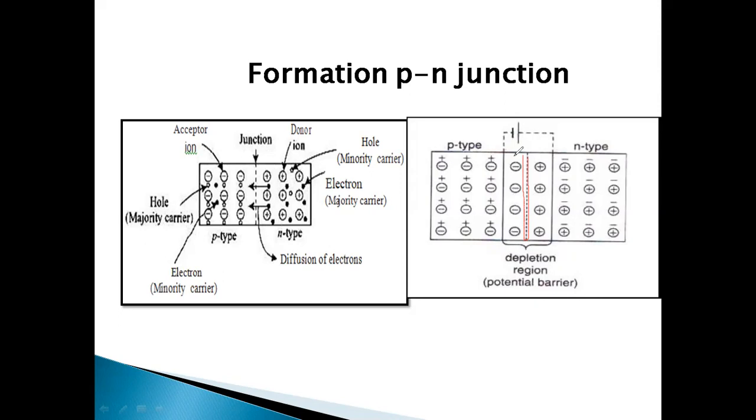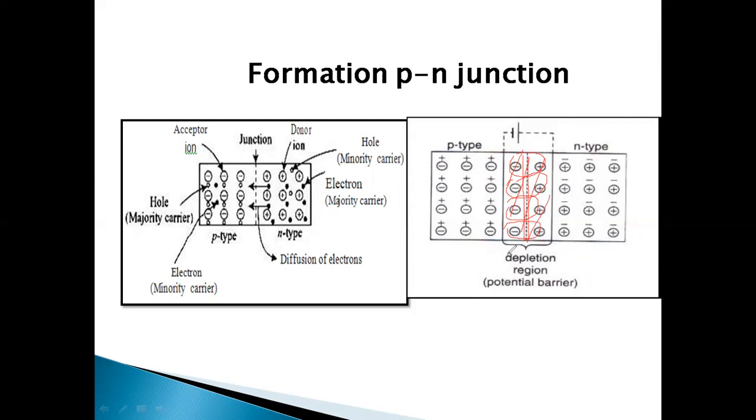So the positive and negative ions get neutralized, and in this particular region the charge carriers are neutralized. Due to the neutralization, you won't have any type of charges in the region. That region we can call the depletion layer or potential barrier.